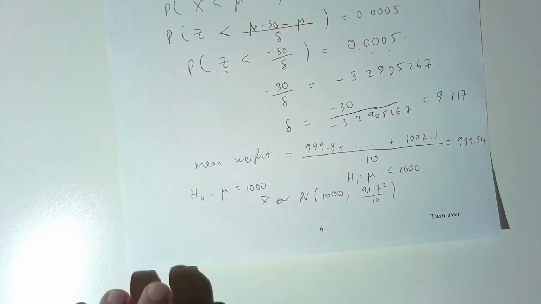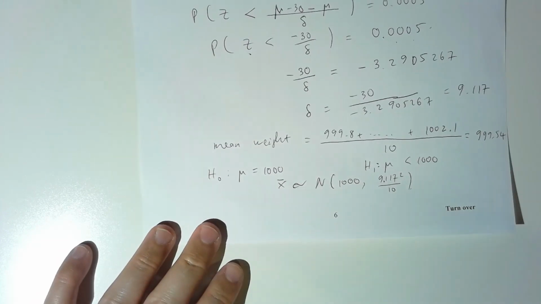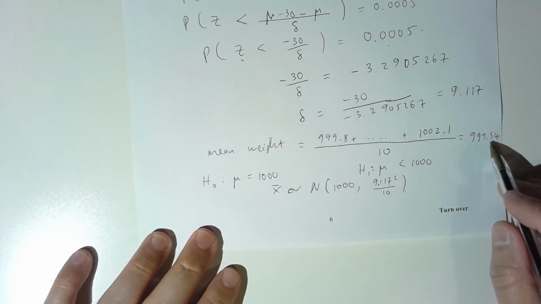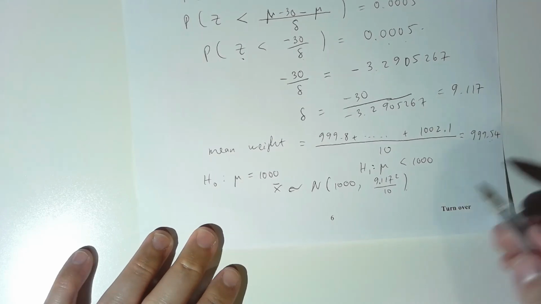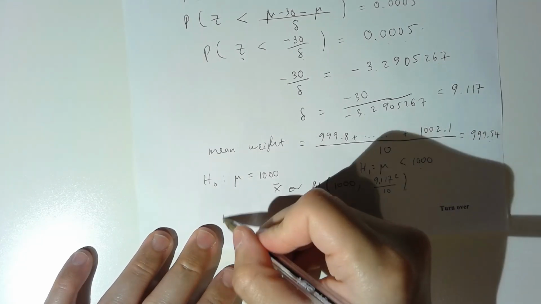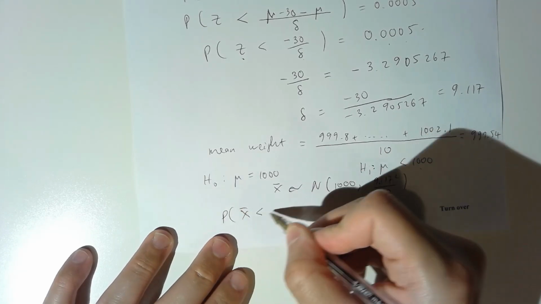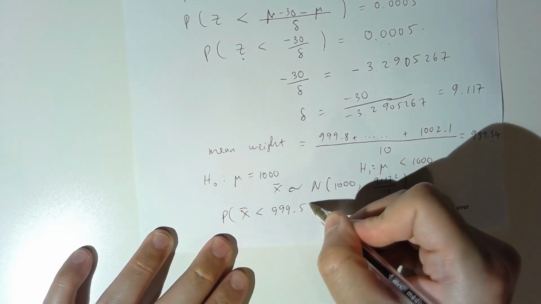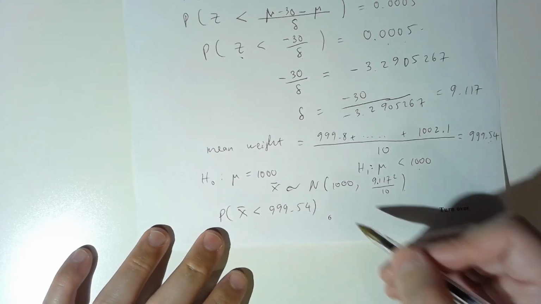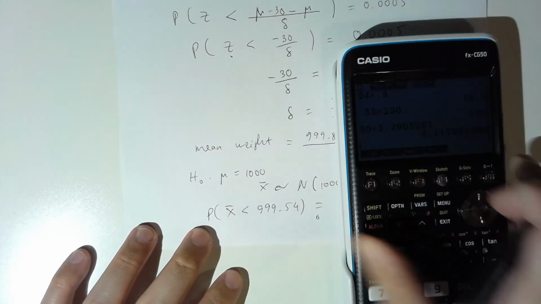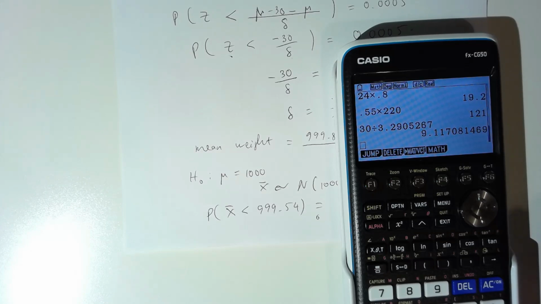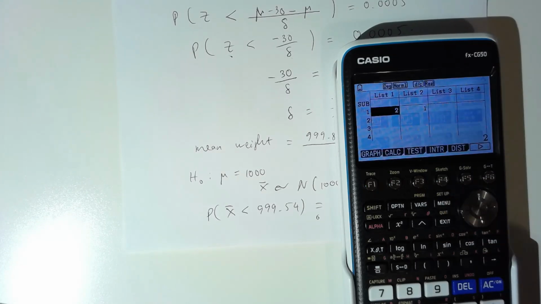And the evidence we're looking for is 999.54. We know it's the left-hand side, so we're going to find the probability of x bar less than 999.54, and using the calculator we can work it out straight away. I use the 991EX or CG50 calculator. It should be exactly the same thing.